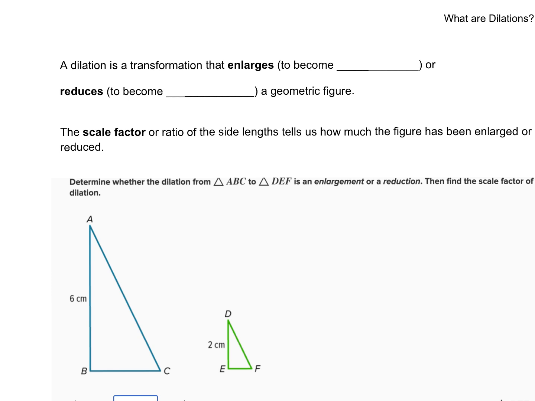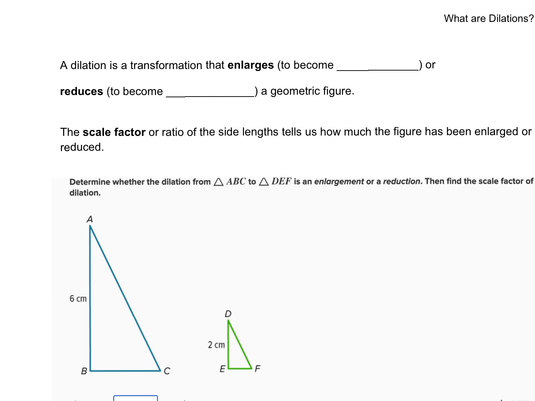So a dilation, if you remember, earlier in the year we talked about three types of transformations: a rotation, a reflection, and a translation, all of which did not change the size or shape of the figure.